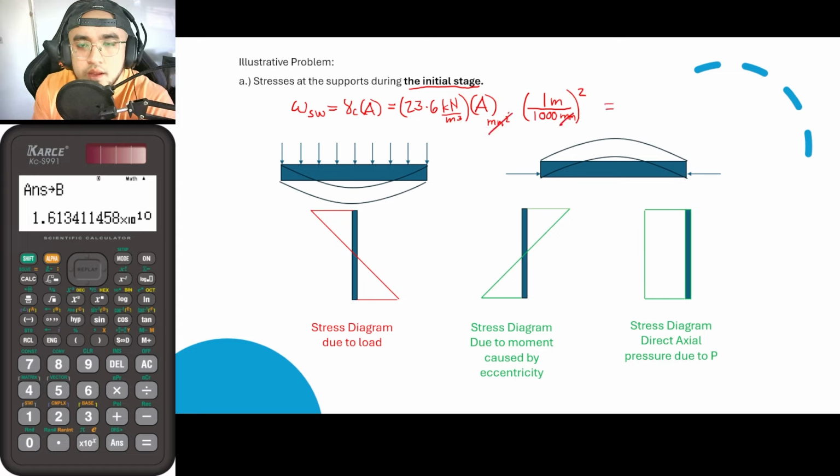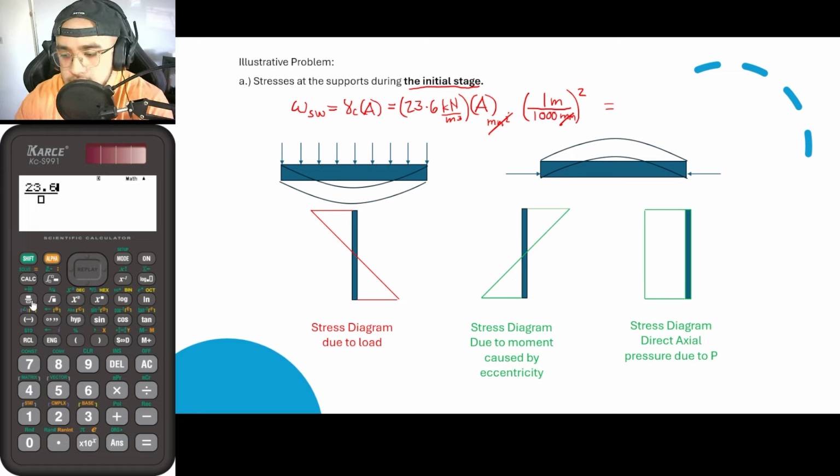Okay, so from that, guys, it will now leave you at an answer of 23.6 times the area, which is stored in my calculator as A, times 1 all over 1,000, but this must be squared.